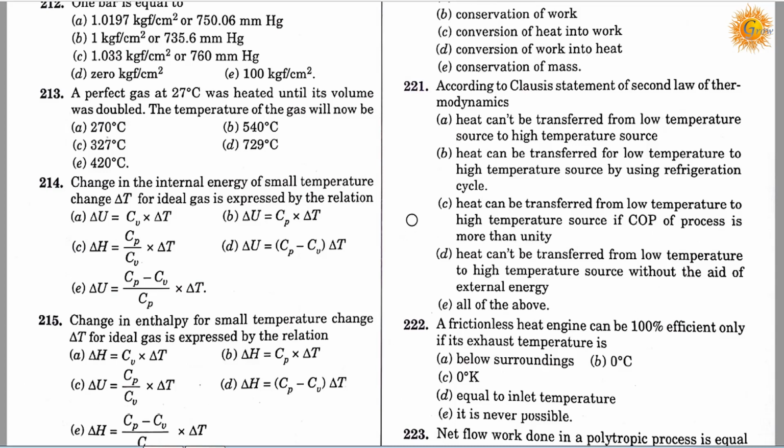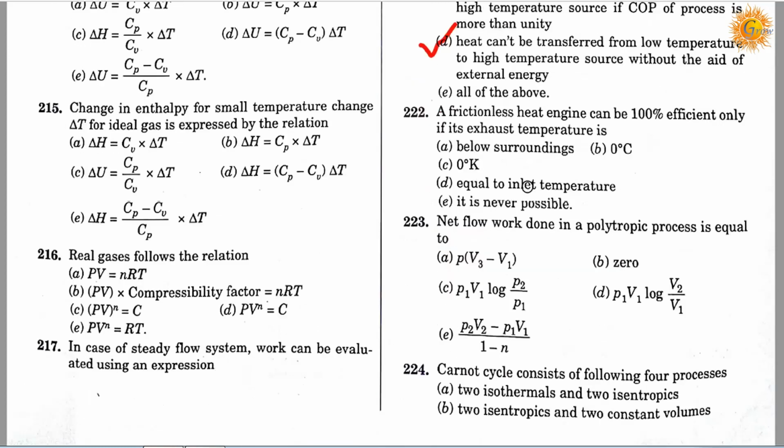Option D, heat cannot be transferred from low temperature to high temperature source without the aid of external energy. Option E is all of the above. So correct answer is D. Heat can't be transferred from low temperature to high temperature source without the aid of external energy.